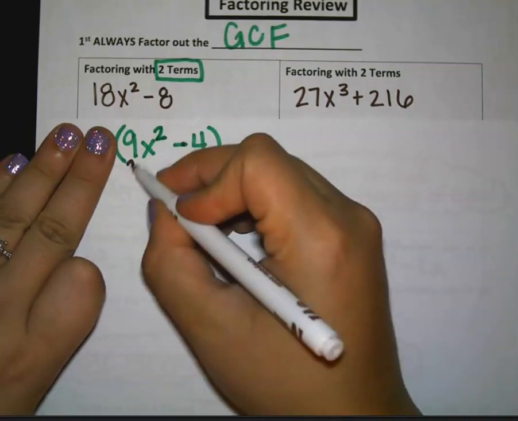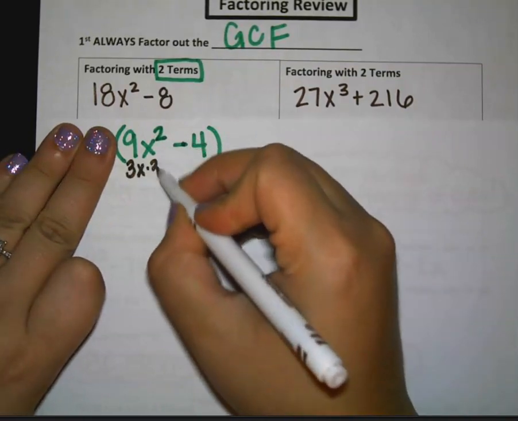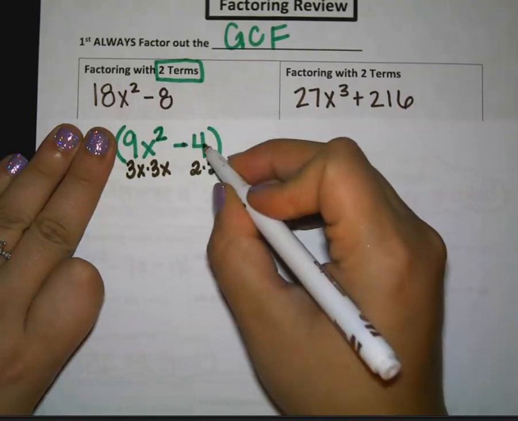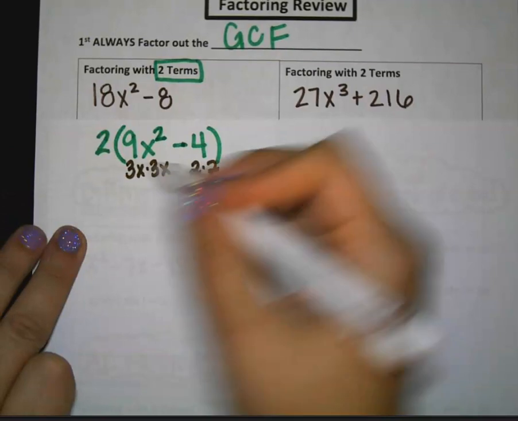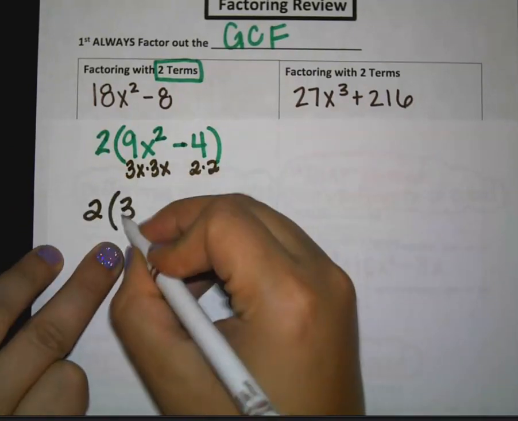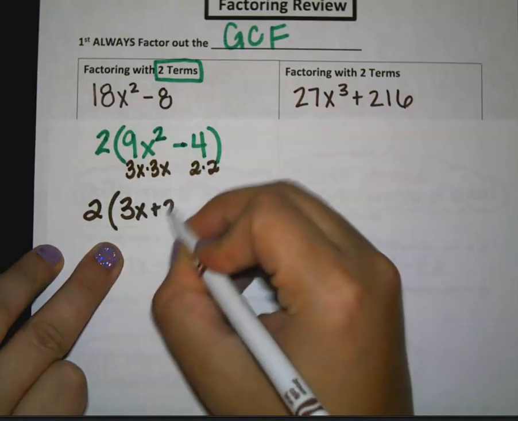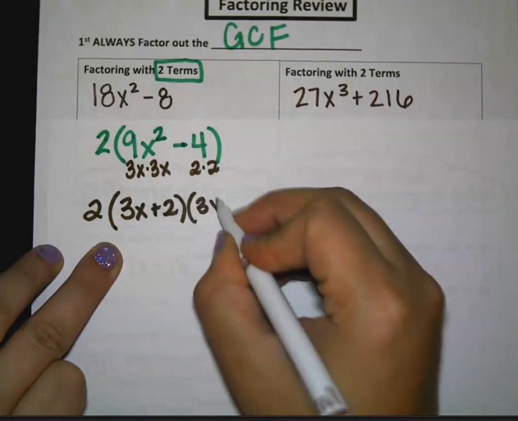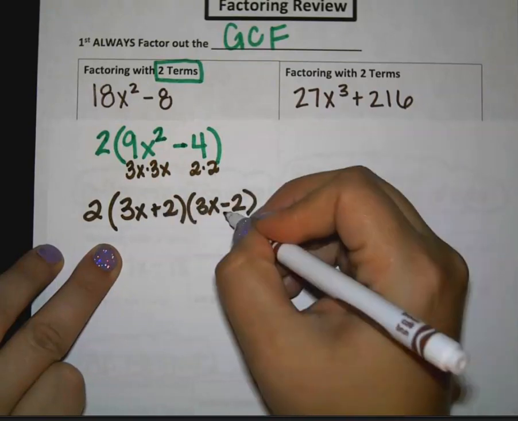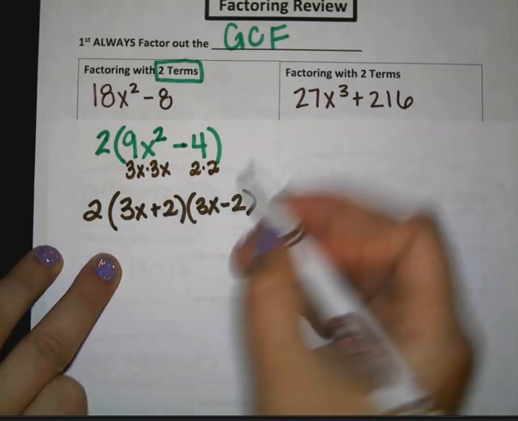So for example, 3x times 3x is 9x squared, and 2 times 2 is 4. So because we could find such numbers, then we can write it as 3x plus 2 and 3x minus 2. So one of them has to be positive, one of them has to be negative. It doesn't matter which one.